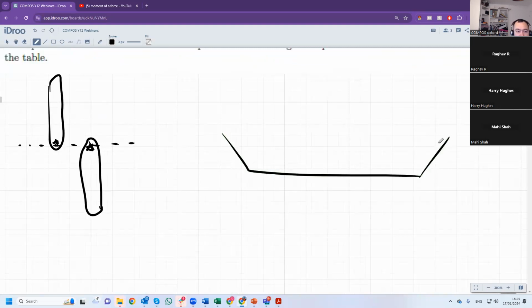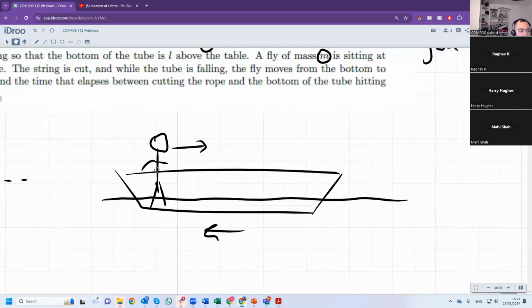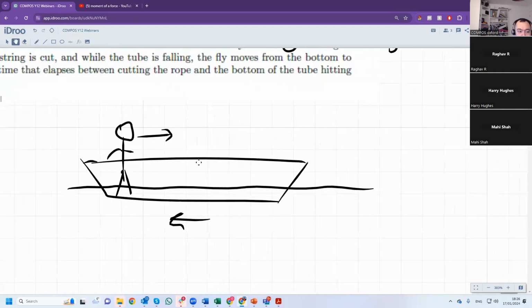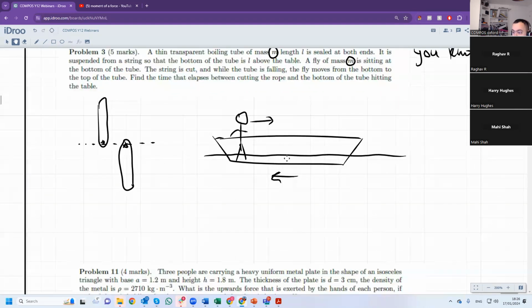If you're on a boat in the water and you're walking from one end of the boat to the other end, the boat moves backwards. Do you think your mass is relevant in this problem? Oh, yes, it is. Because if you are heavier, the boat moves further back. If you're lighter, the boat moves a smaller distance.